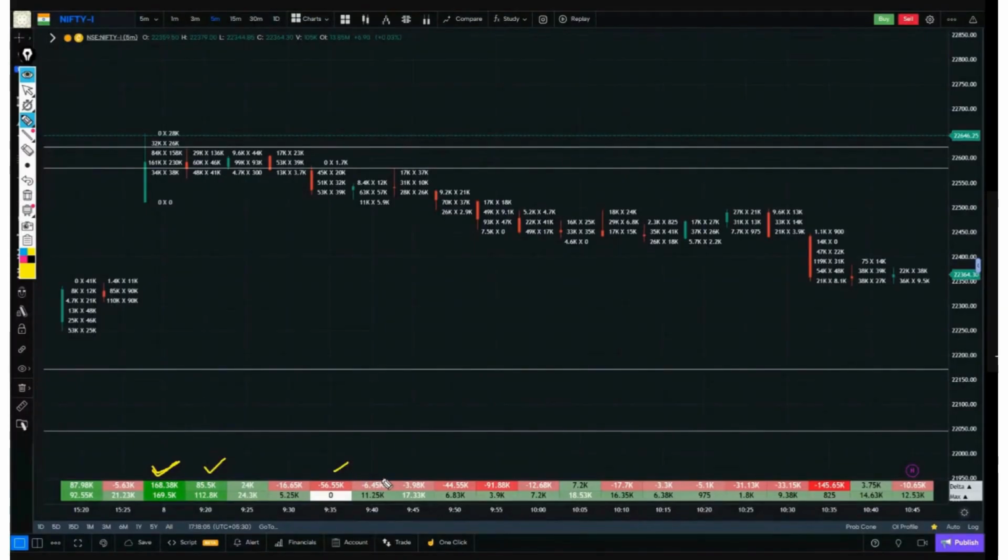And look at these, only 6,000 delta, 3,000, only 7,000, 3,000, 5,000. And here again near 1 lakh, near 50,000. So some candles have a very high delta and some have a very low delta.